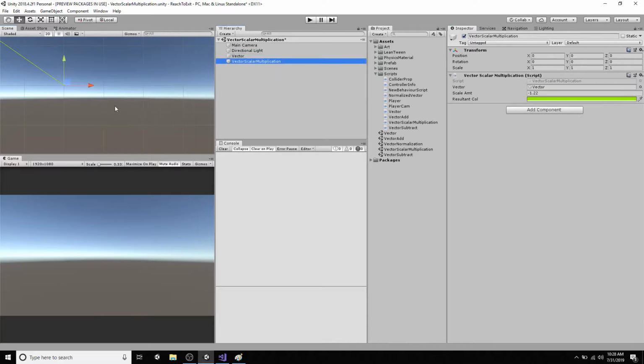So what vector scalar multiplication does is, whenever you want to scale a vector, you can use this. By scaling a vector, we are basically scaling the magnitude of the vector, but in this case the direction doesn't change. Even though I scale my vector like this, its direction remains the same but its magnitude changes.